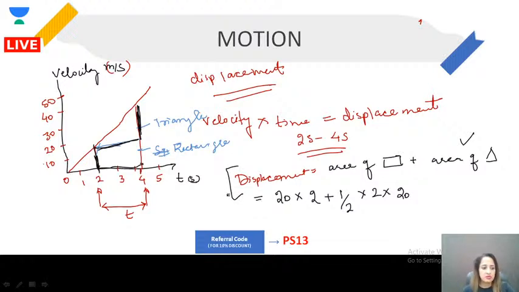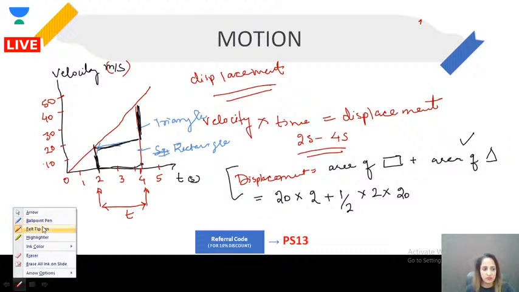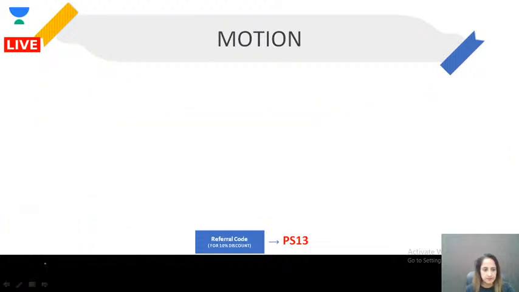Now comes the most interesting topic where we talk about the motion equations. All right, that is the most interesting topic that we do. So I will erase this whole thing one more time. Okay, and now let's discuss the motion equations.